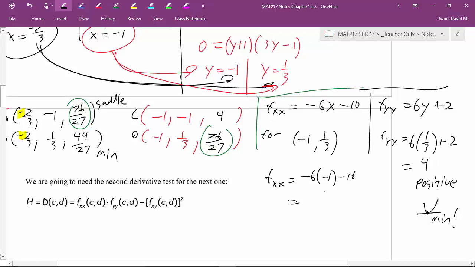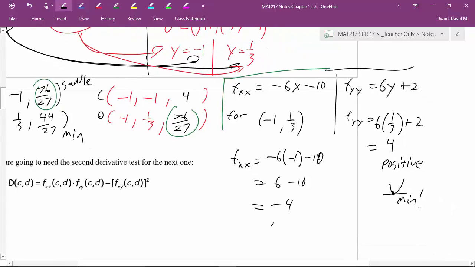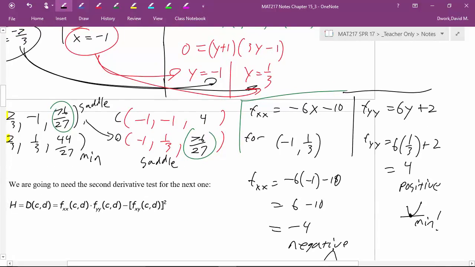Negative 6 times negative 1 makes positive 6. 6 minus 10 makes negative 4. So you can see we are negative. So I have a negative in one direction, concave down, positive in the other direction, concave up, one of each. This is a saddle point. As we predicted, these two are saddles.